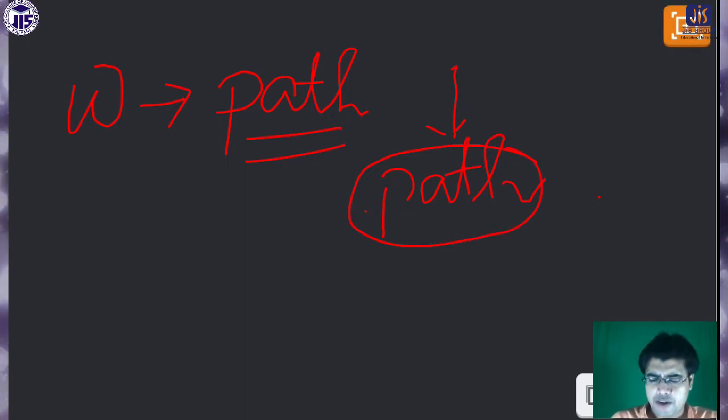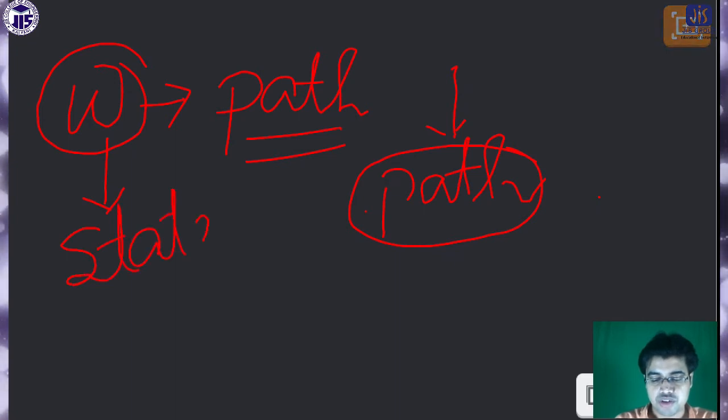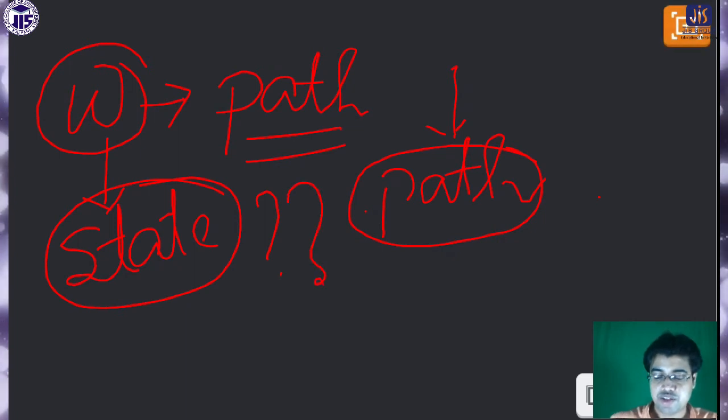So is there any condition when work behaves as a state function? Generally work behaves as a path function, but yes, there is a condition when work can behave as a state function.